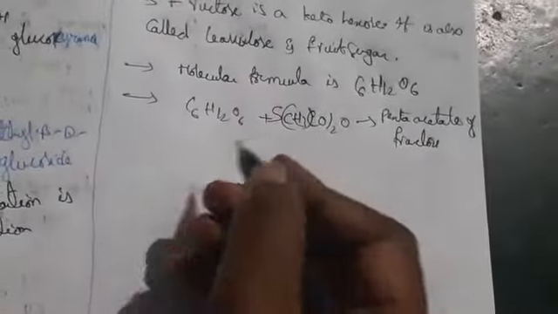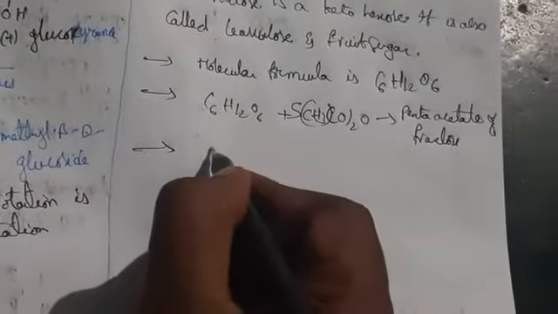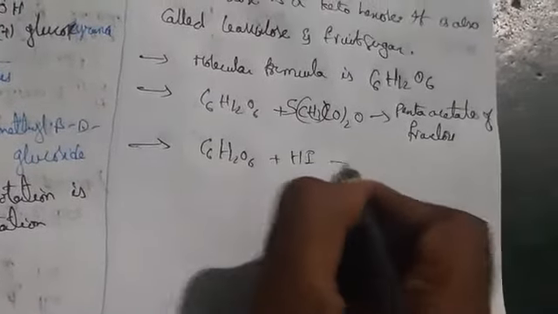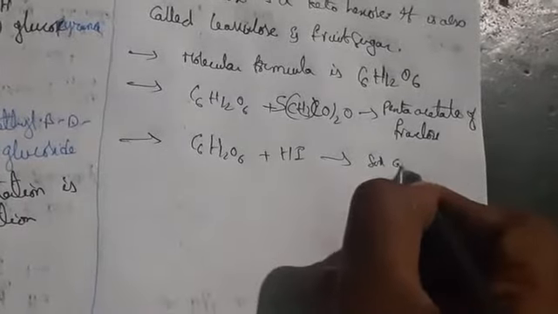Also, when fructose is reacted with HI, it indicates 6 carbons are present.